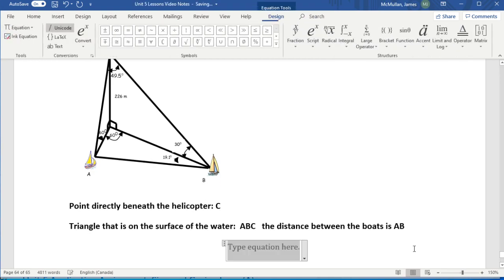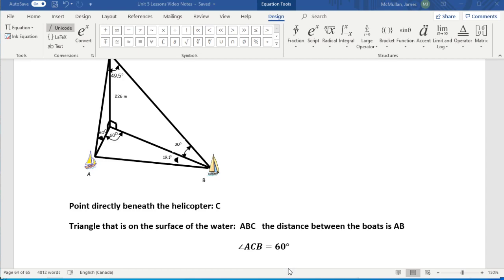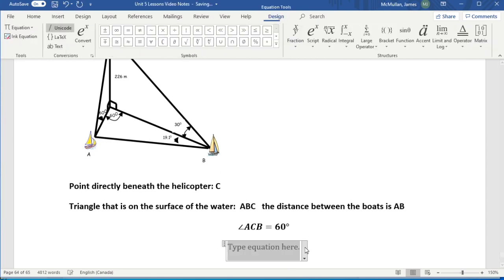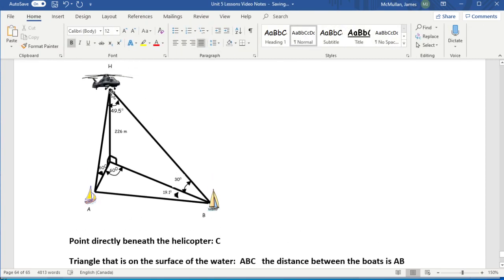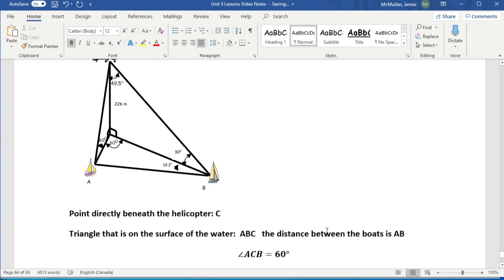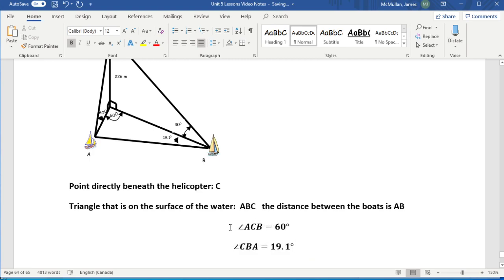Now, we know that angle ACB, remember, means start at A, go to C, and then go to B. That is a 60-degree angle. The other thing we know in this triangle is that angle CBA is 19.1 degrees. You should recognize that in this triangle on the ground, we do not know enough information to solve it.